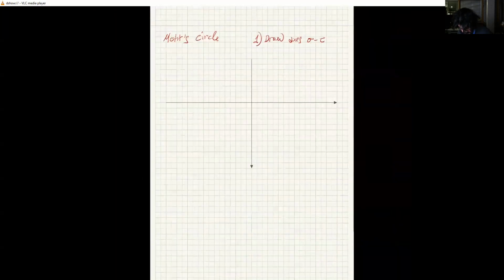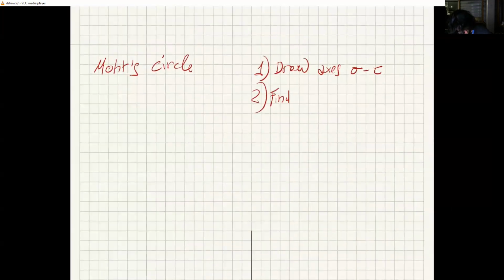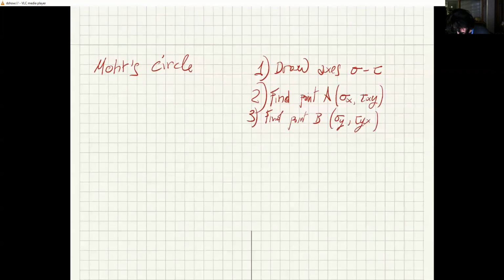Then we want to find point A with coordinates sigma x, tau xy, and then find point B with coordinates sigma y, tau yx, which is of course equal and opposite to tau xy, and finally connect them using a diameter.